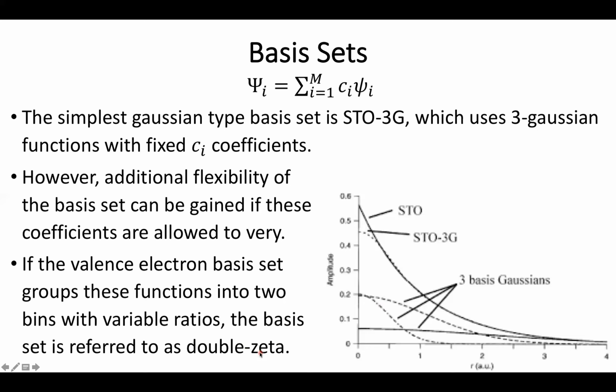You can also have functions that have triple or even quadruple zeta, as I allow a lot more flexibility in my basis set. However, the more flexibility I allow, again, the larger the matrix I have to solve, because I'm going to have more contributing orbitals, and the slower the calculation becomes. So when choosing a basis set, this is the classic balance.